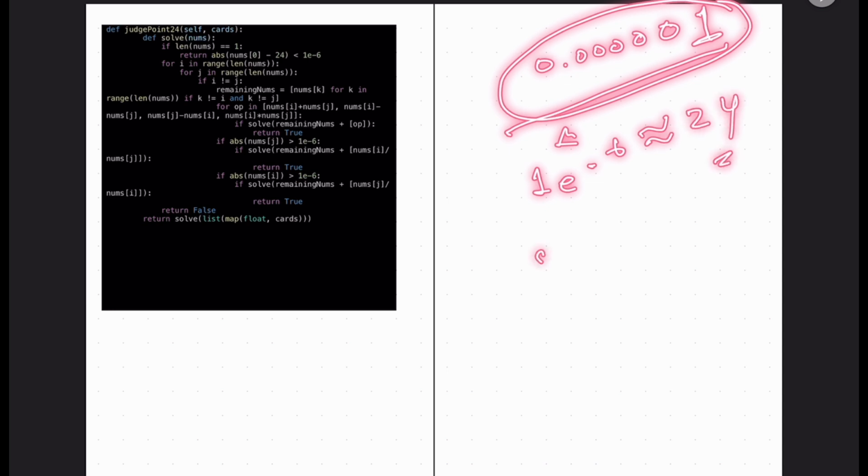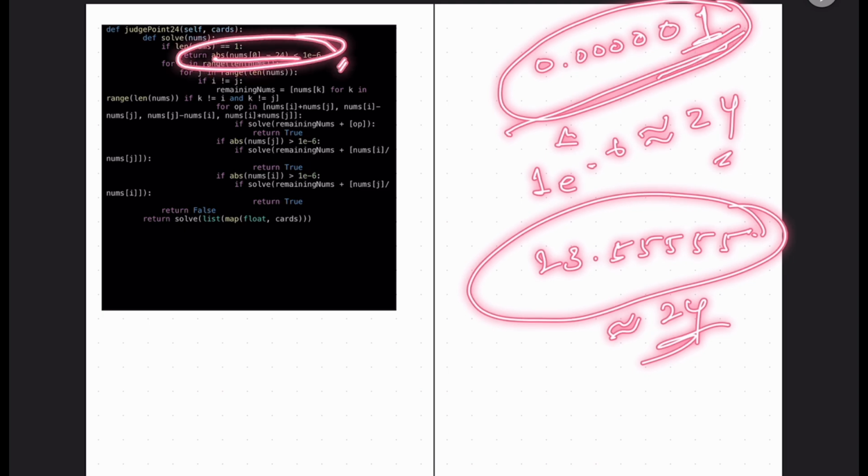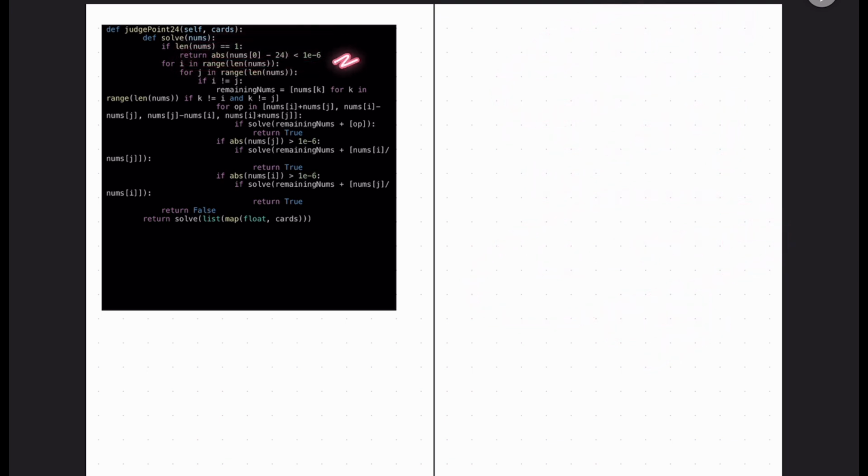For example, if you take 23.55555, this also contributes to 24. That's why we check whether the absolute difference is less than 0.001, because it's all floating point values. So that's why we are checking here.